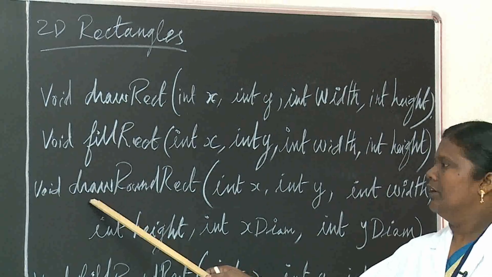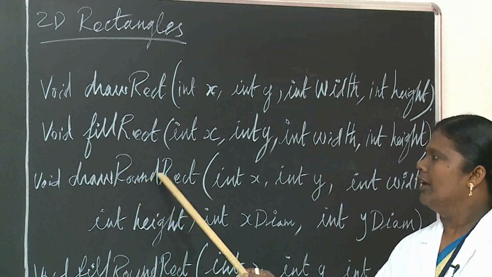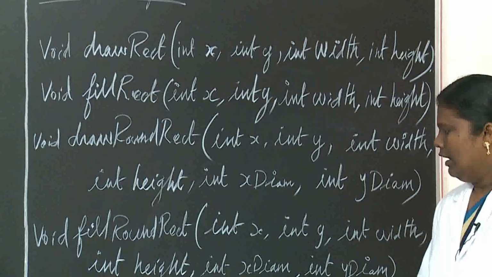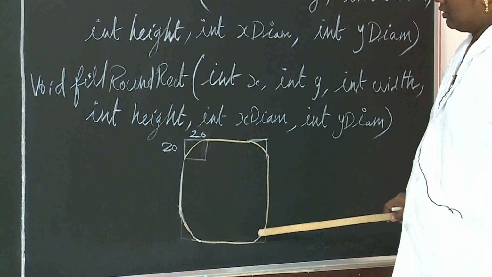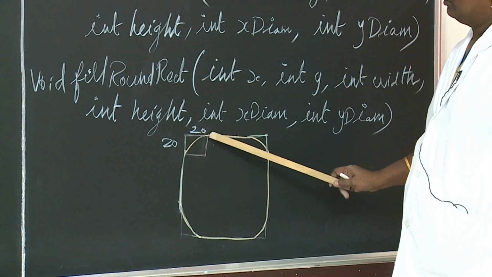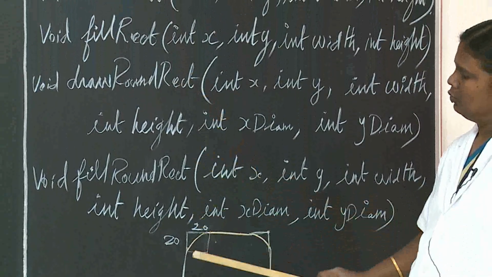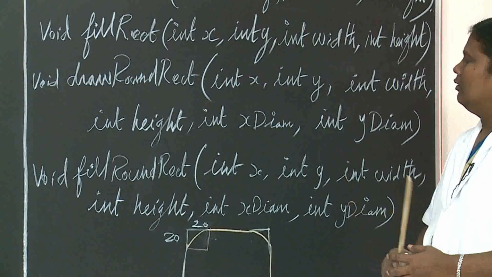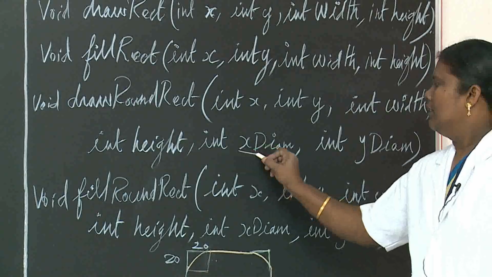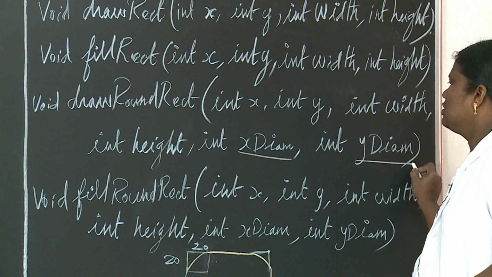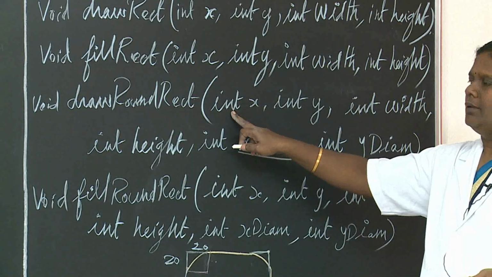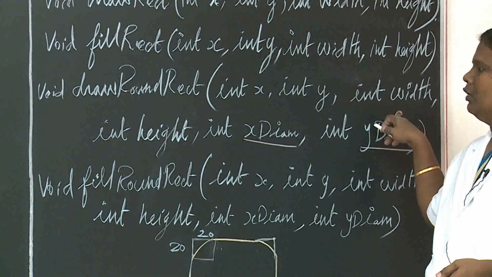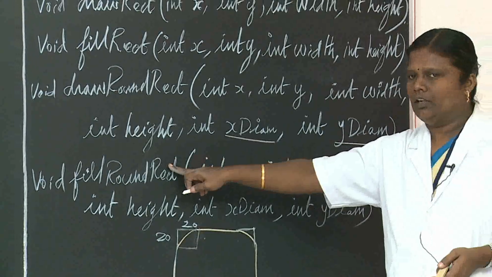The third function is draw round rectangle. Round rectangle means, for example, as I have drawn here, the corners are rounded. In order to make the rectangle round, we need to add two more dimensions, an x dimension and a y dimension, along with the already existing parameters like x and y coordinates, width and height of the particular rectangle.